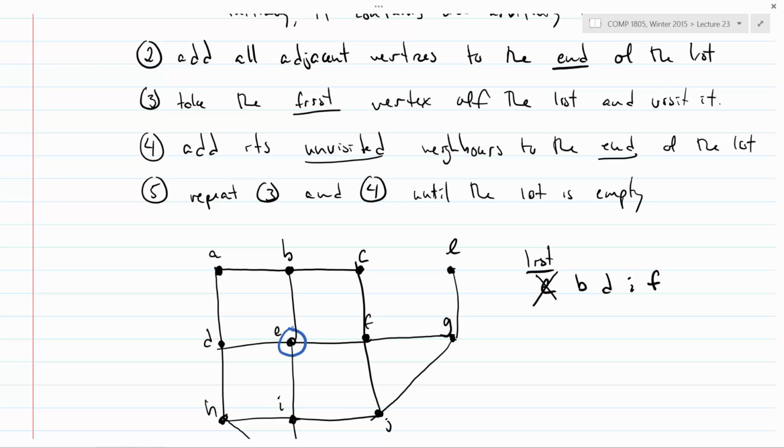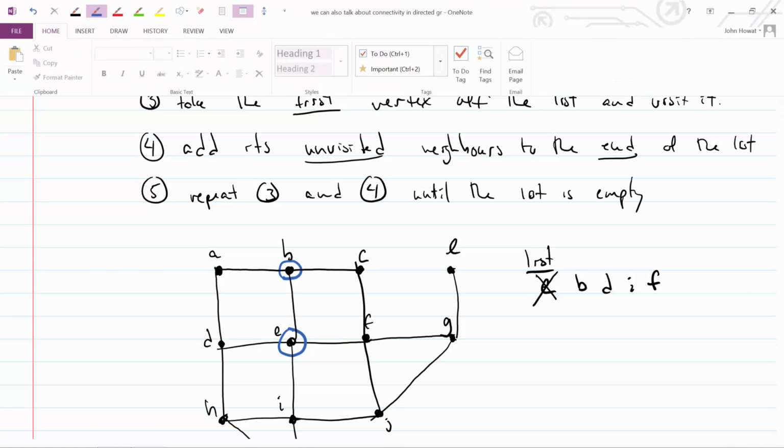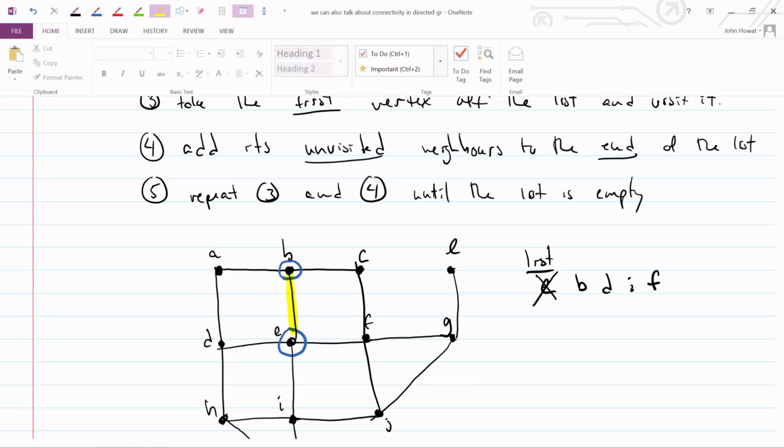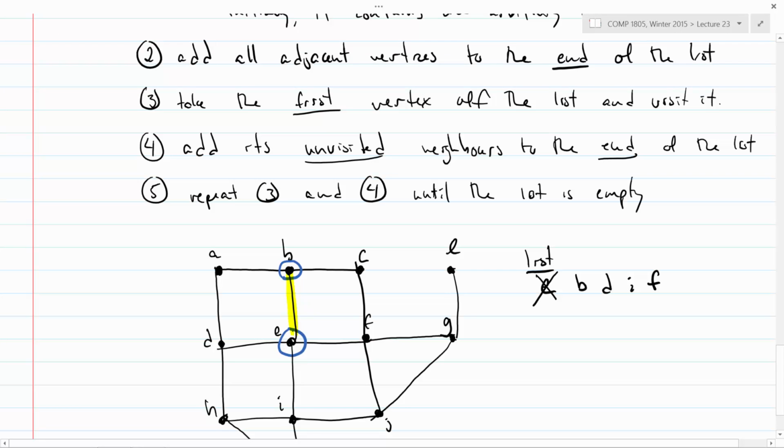Step 3 says take the first vertex off the list and visit it. So the first vertex on this list is B, so I visit B. I was at E, now I'm at B. So I walk that edge. So now I visited B, and I add all of its unvisited neighbors to the end of the list.